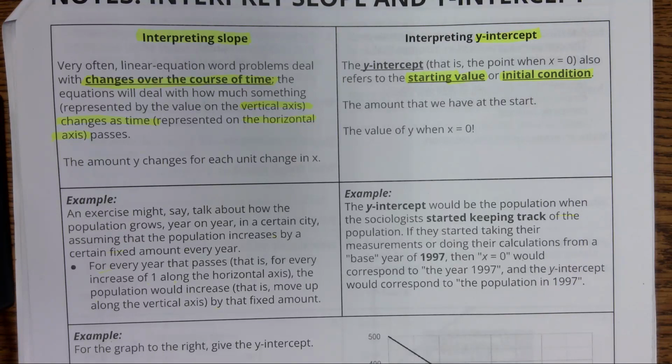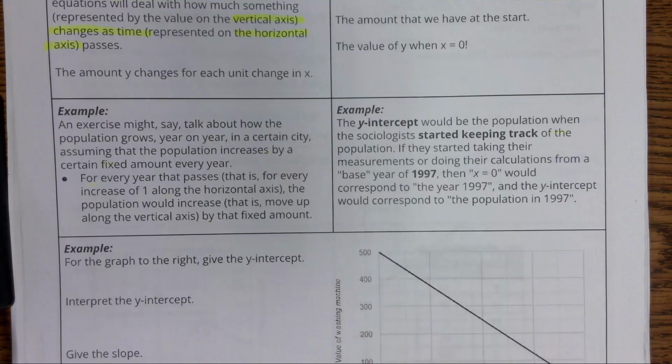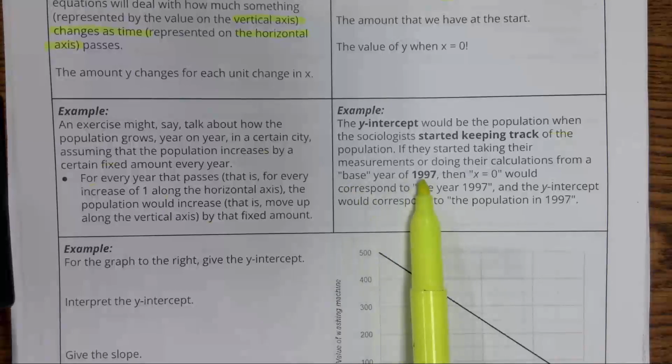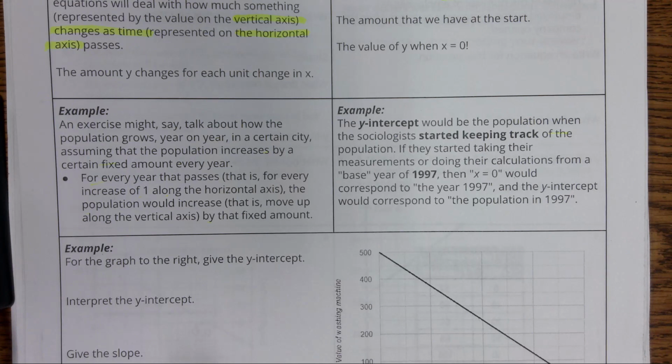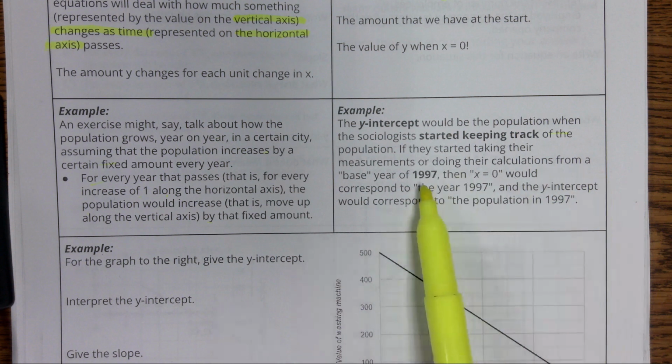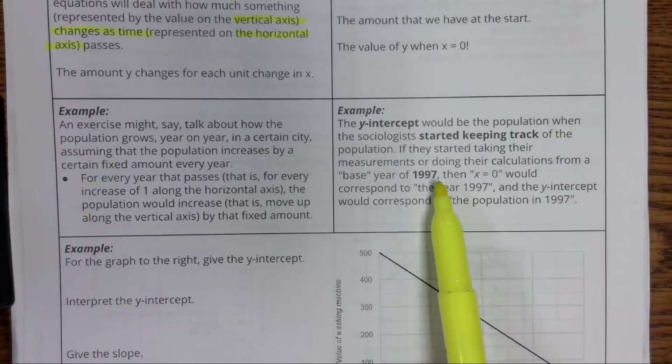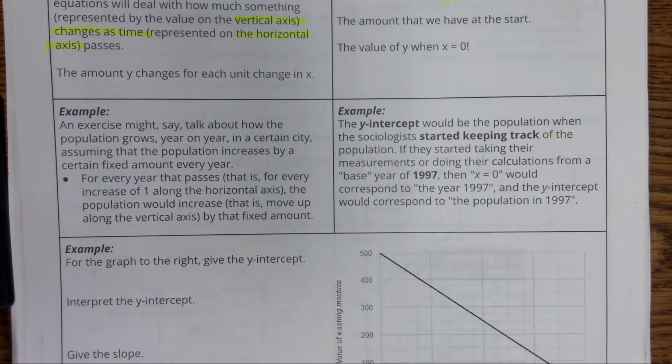Like maybe they started keeping track of the population in 1970, so the initial population isn't always going to be at 0, it's going to be wherever they started keeping track. That makes sense. So, for instance, let's say I kept track starting at 1997, that would be my year 0. So what if I look to 2000 then? What would that be in this scenario? If 1997 was where I started, then that would be like year 3. Okay.